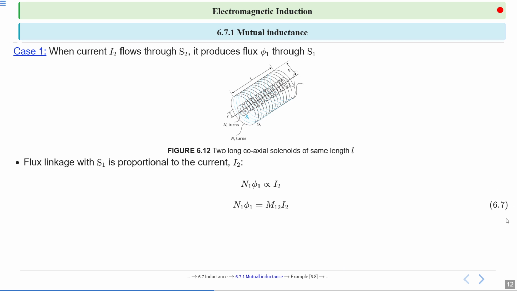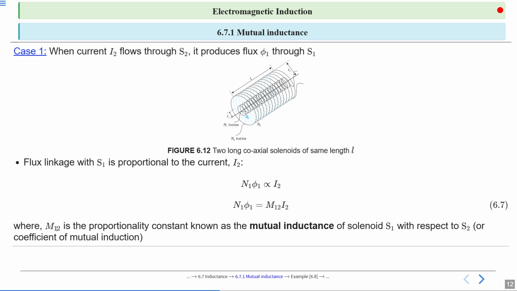Mark it as 6.7 equation. M12 is the proportionality constant known as mutual inductance of solenoid S1 with respect to S2, also known as coefficient of mutual induction.